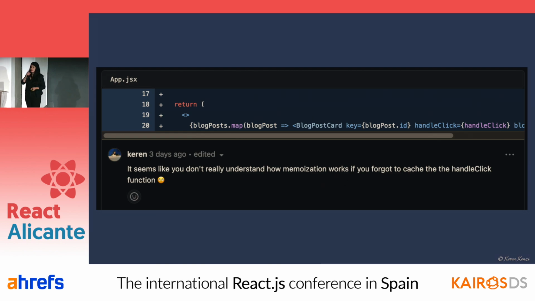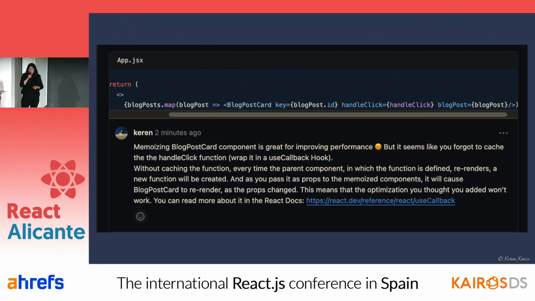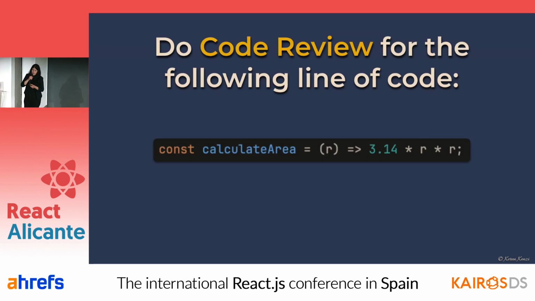Or you can be kind, and maybe if it's a junior developer or somebody who's less familiar with the basics, you can add an explanation, like saying, hey, memoization is great, but maybe you forgot to add something. You can add a reference to material that will help them learn the topic even better, or make sure that they don't forget it in the next phase. So it's really important to communicate, to be kind, etc.